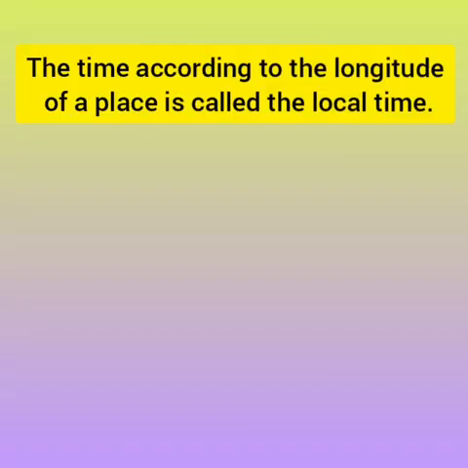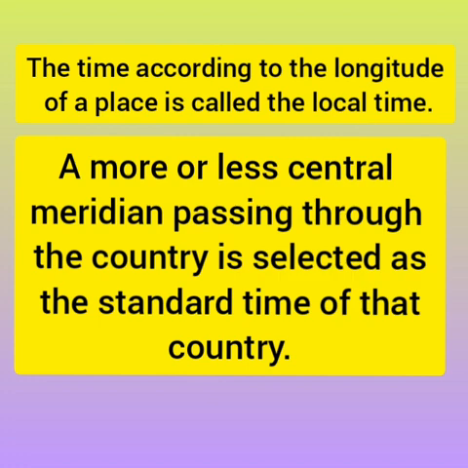The time according to the longitude of a place is called the local time of that place, and more or less central meridian which is passing through the country is selected to give the standard time of that country.